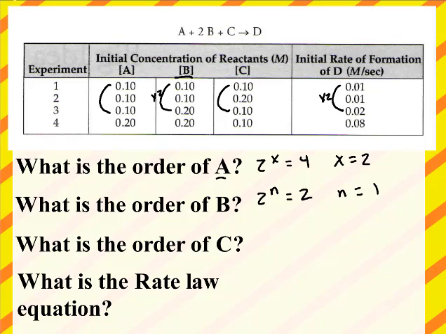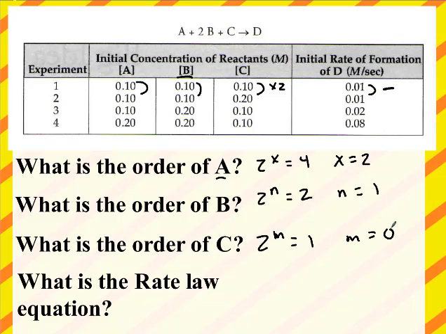And then for my last one, these two were doubled while these were held constant, and my rate stayed constant. So 2^m is equal to 1, so m has to equal 0.